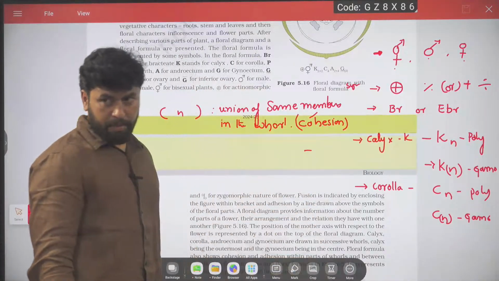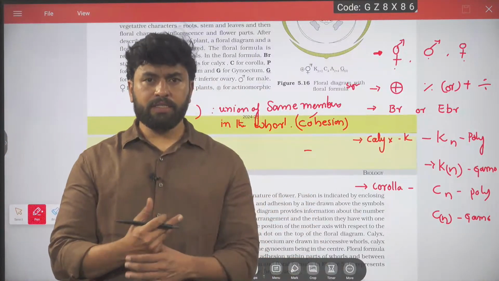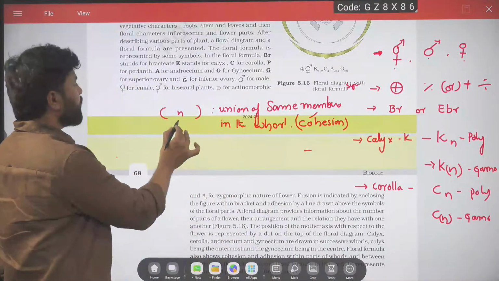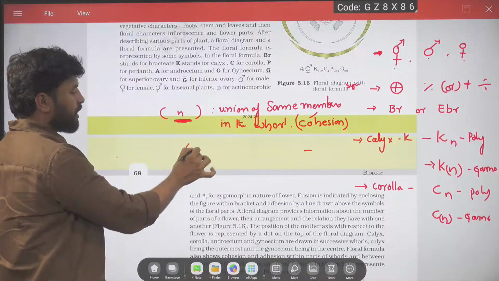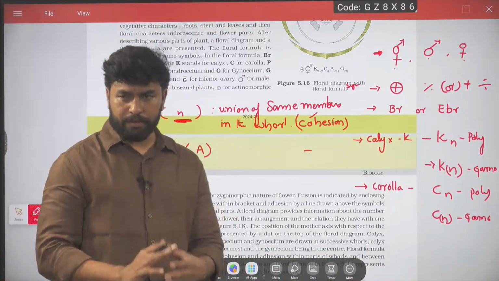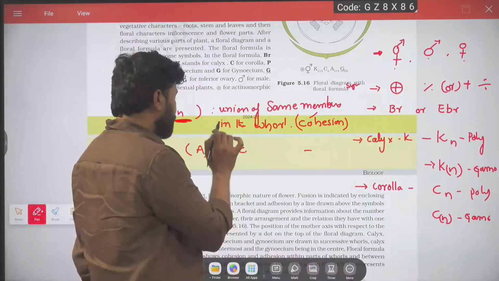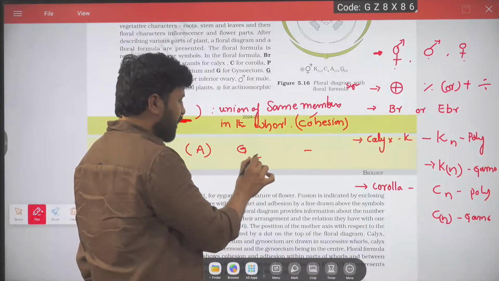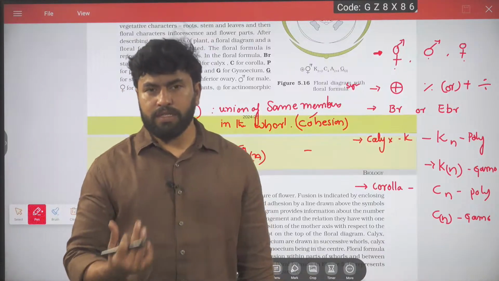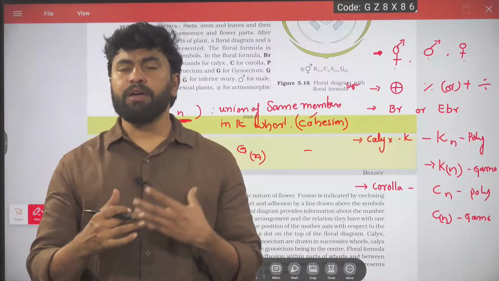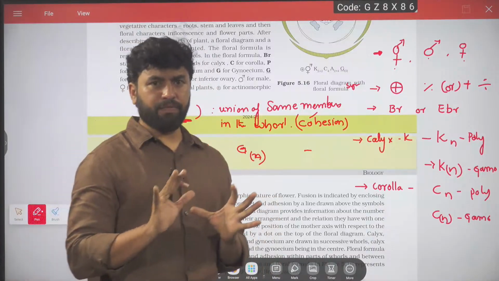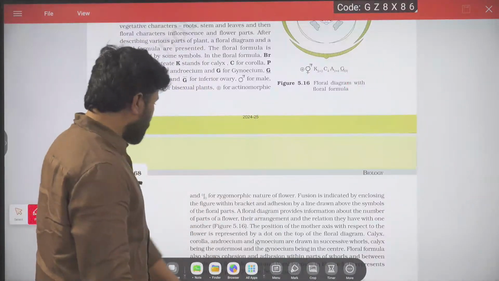Cohesion of stamens, cohesion of petals, cohesion of any other members of floral organs, we use a symbol called parenthesis. If I kept A under the bracket, androecium is having some cohesion. And if G has been kept under the bracket, or n numbers of G are kept under the bracket, then we will say there are a number of carpels and they have been kept under parentheses, which indicates they are fused. This is about the thing.